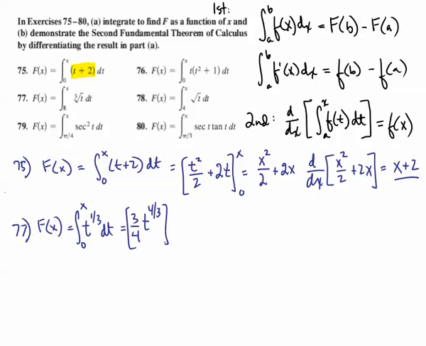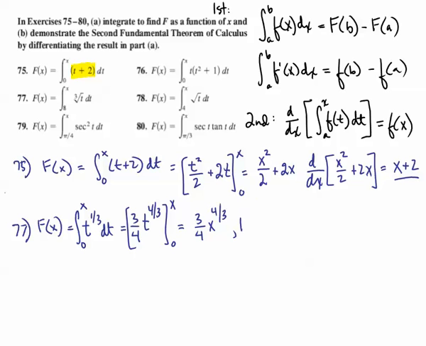And we're going to evaluate this at x minus evaluate at 0. So we end up with 3/4 x to the 4/3 and then plugging in 0.